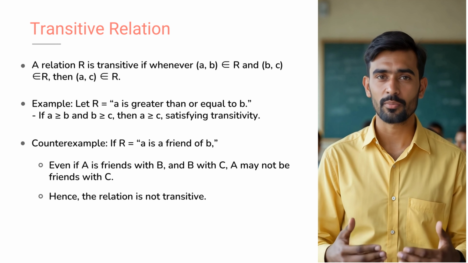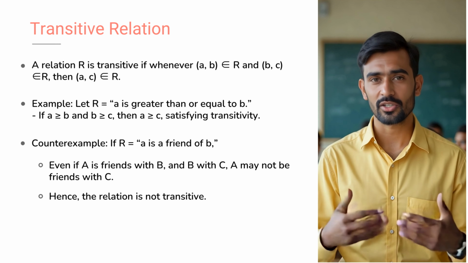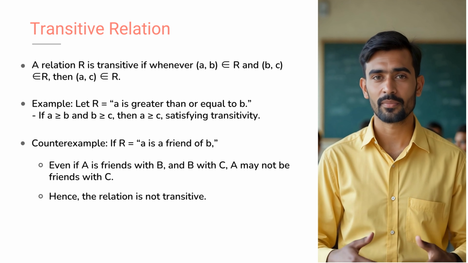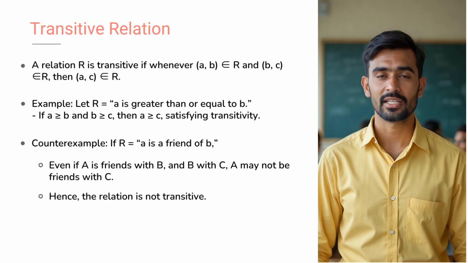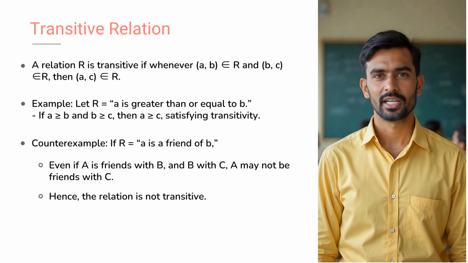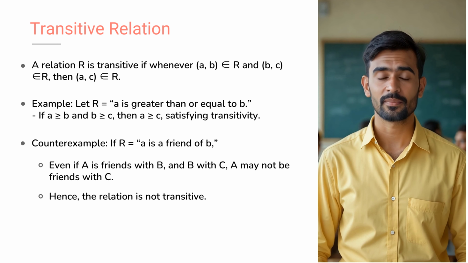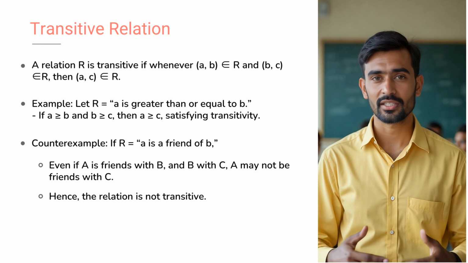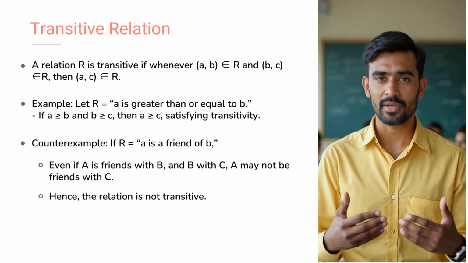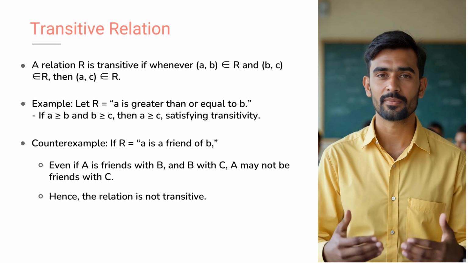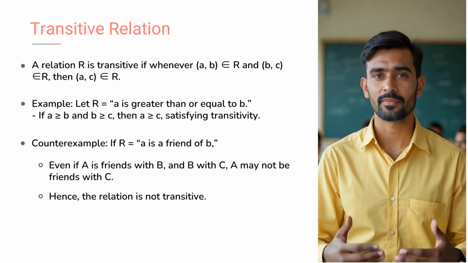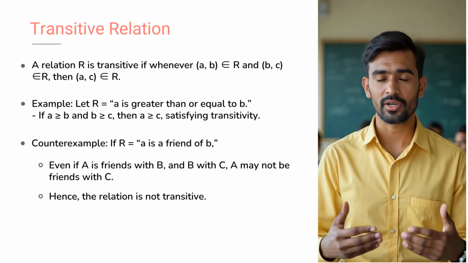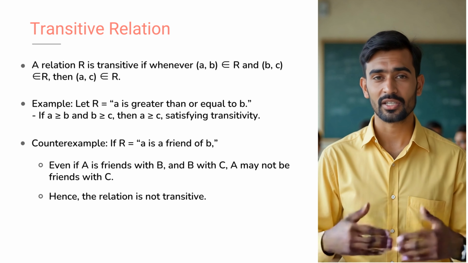That's just how numbers work. That's a transitive relation. But here's a case that usually isn't transitive. Let R be the relation "a is a friend of b." So, a is friends with b and b is friends with c. But does that mean a is friends with c? Not necessarily. That's why the friendship relation is usually not transitive.